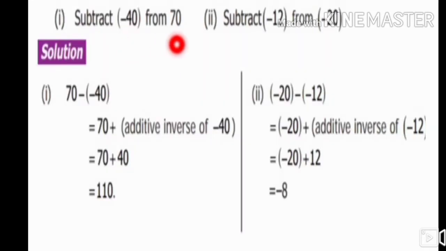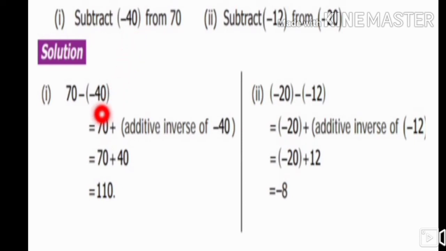Let us do some problems. Subtract minus 40 from 70, subtract minus 12 from minus 20. Kindly pay attention now. It's time to practice what we have learned earlier. Students, here we are subtracting a negative integer, that is minus 40, from the first operand, that is 70.